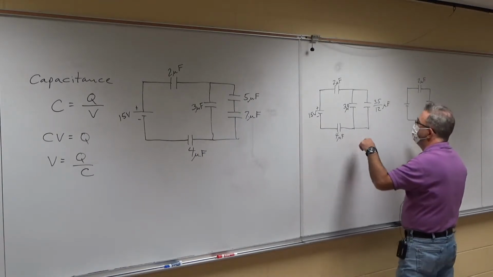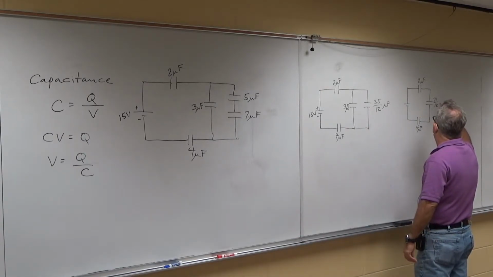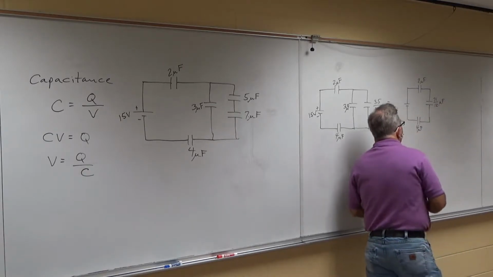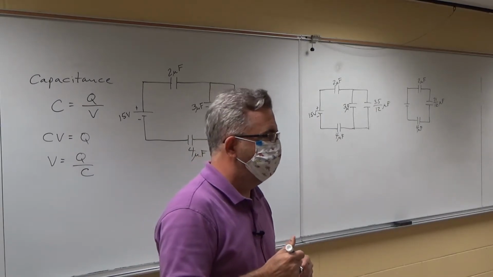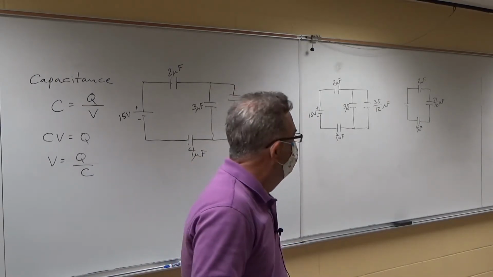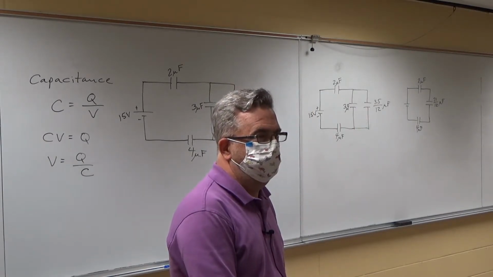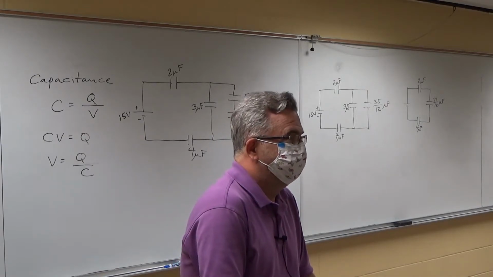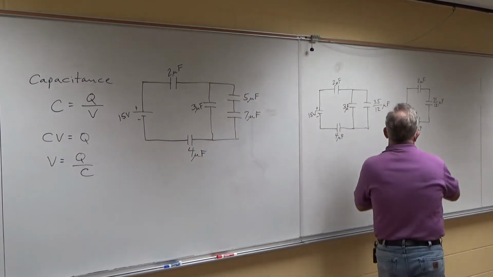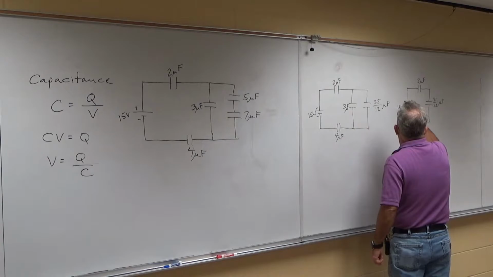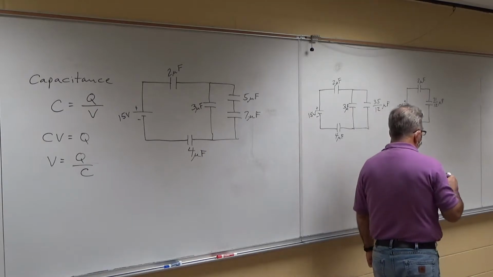And now this becomes 71 over 12. We'll get to the decimal equivalents in a minute because we're going to need them, I think. All right. What now? Well, you can do 1 over this plus 1 over this plus 1 over this is equal to 1 over C equivalent.